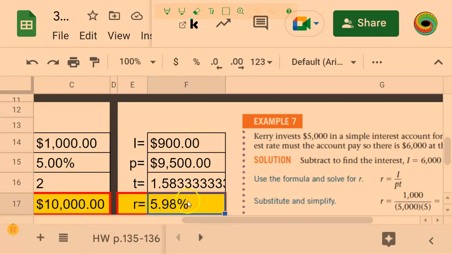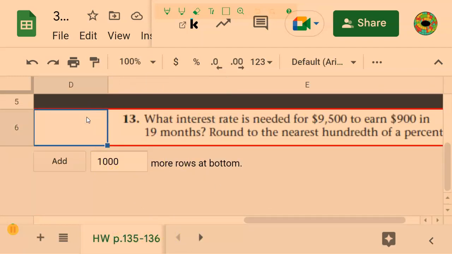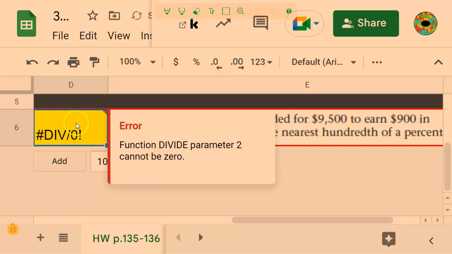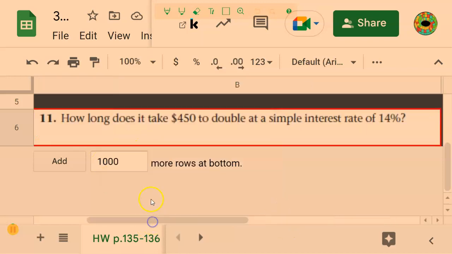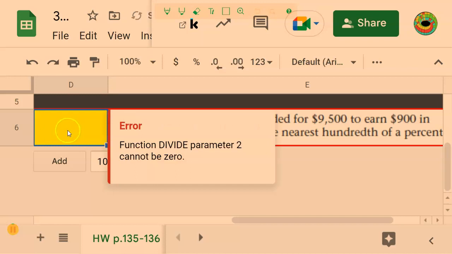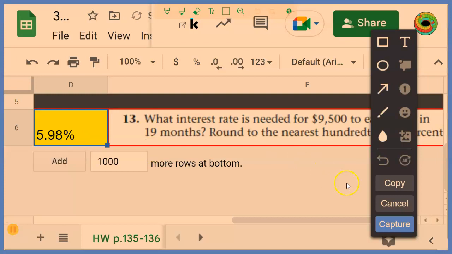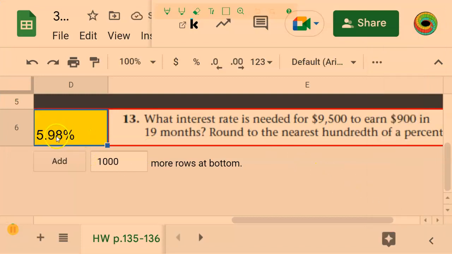I can even copy it, Control C, go over here. If I do Control V, it's going to say, wait a minute, you want that formula to be moved here? We can't do that. So there's a slightly different thing we have to do, and that is Control Shift V. Then it will copy it over. Or you can just retype it, either way.